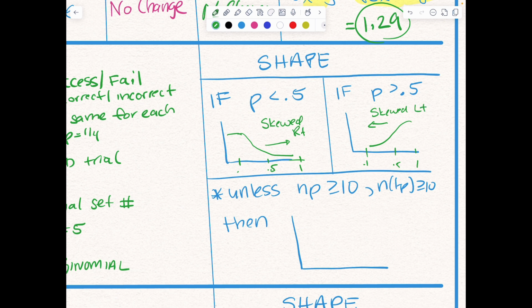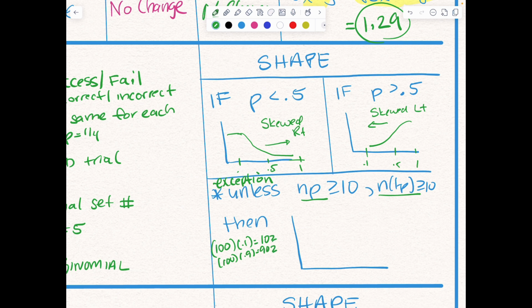But these have an exception to the rule. Here's my exception: it doesn't matter what the probability is if my successes and failures are both greater than or equal to 10. So if n is equal to 100 and p is equal to 10%, np is 10, and 100 times 90% is equal to 90.